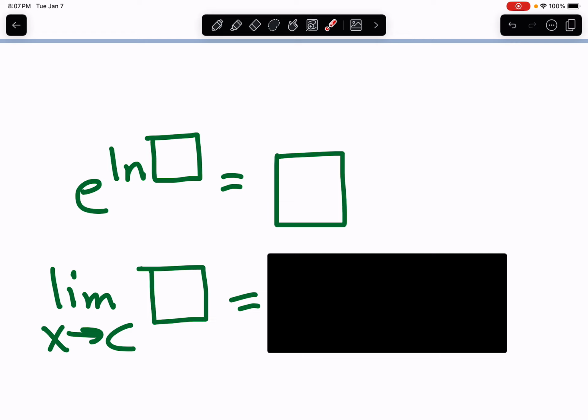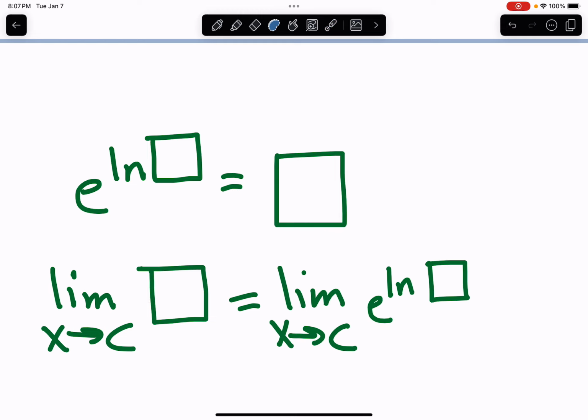Now we can apply this in reverse when we're talking about taking the limit of something. If I'm taking the limit of anything, I can think of it as the limit of e to the natural log of that thing. This is something that will come into play for us in a little bit.